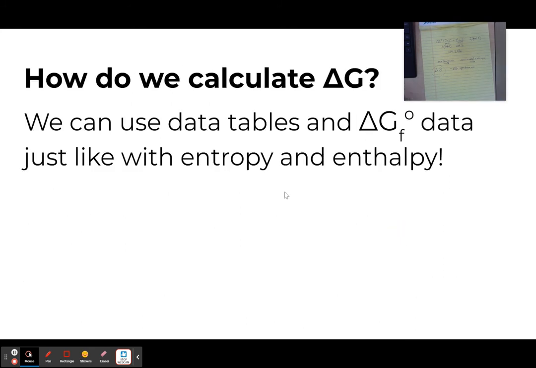Okay, so calculating delta G is actually not too tough. We've already seen lots of things like this. So we can use our tables. Just like our pink table, go ahead and take yours out right now and look at it.